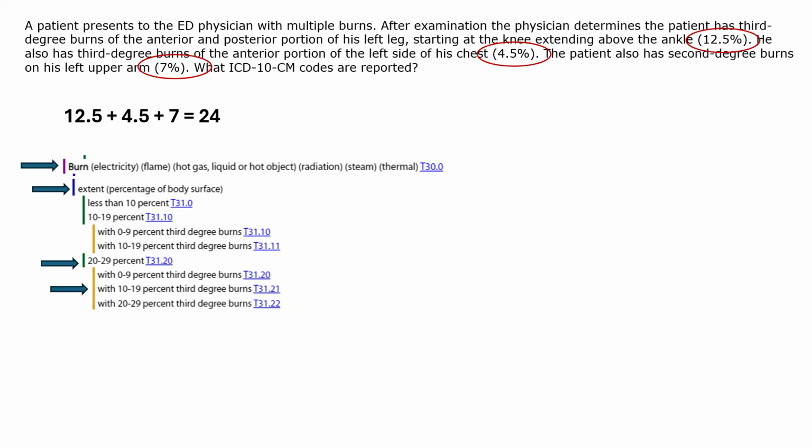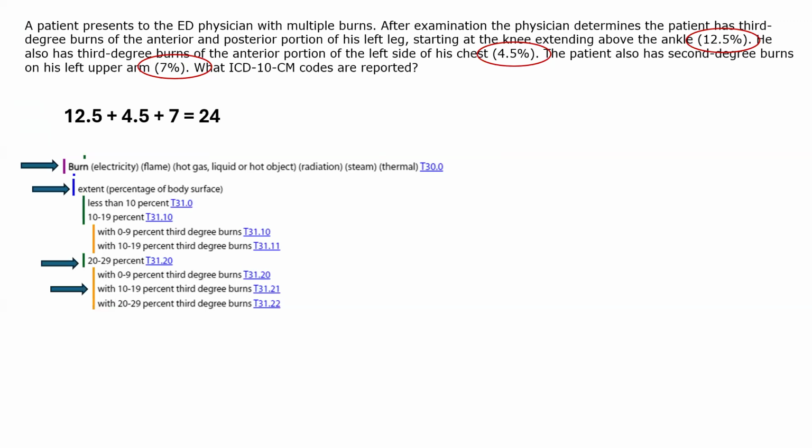Category T31 is used to identify the extent of the body surface area involved. The 4th character identifies the total body surface area involved, or the all-degrees burned total. The 5th character identifies the percentage of body surface with third-degree burns only. The third-degree burns total 17%, which is the 12.5 and the 4.5, reporting the 5th character 1.